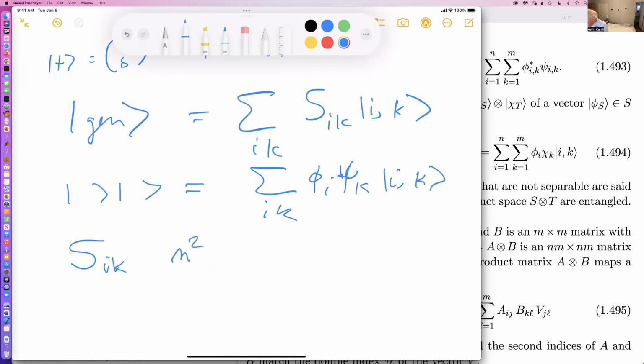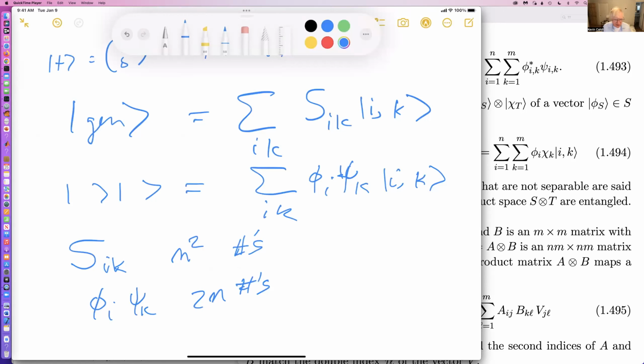has n squared numbers, whereas phi_I has n and psi_K has n. So this has 2n numbers. So as n grows larger, and one gets to describe some system that's macroscopic, the vast majority of states are entangled.